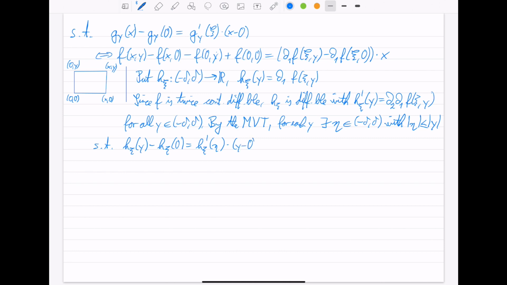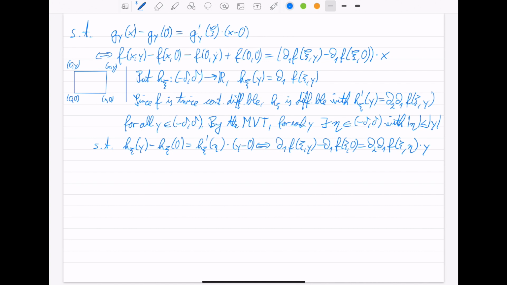And if we now rephrase this, this means we get d1 f psi of y minus d1 f psi of 0, which is just the left-hand side there, is equal to d2 d1 f of (psi, eta) times y.